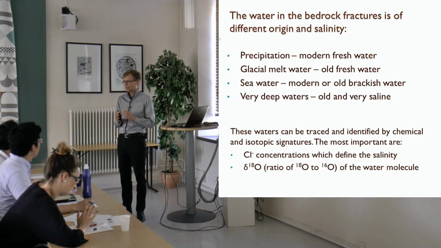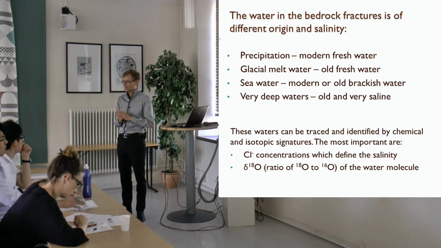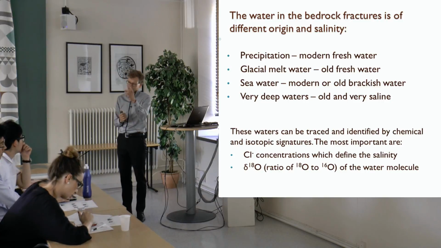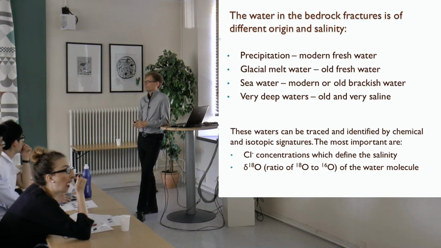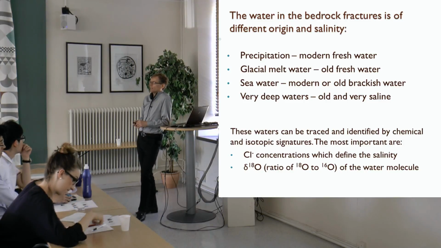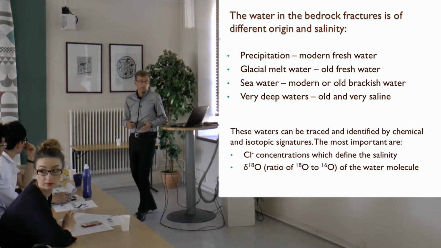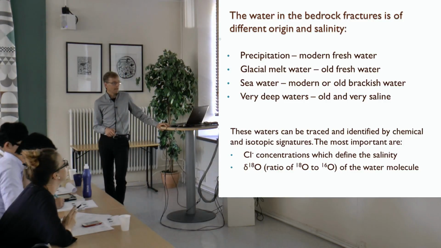And normally chloride correlates very well with salinity. So the more chloride, the more saline is the water. So the fresh water that we drink from the tap here is very low in chloride. But the seawater has high chloride, and the brines, some very, very salty water, have very high concentrations of these, and iron.